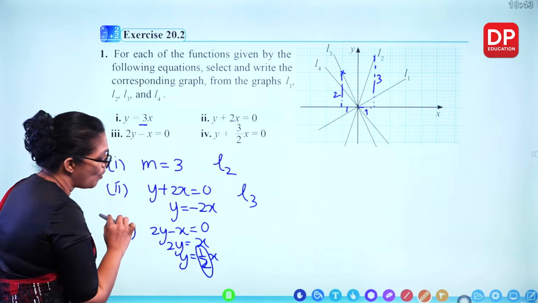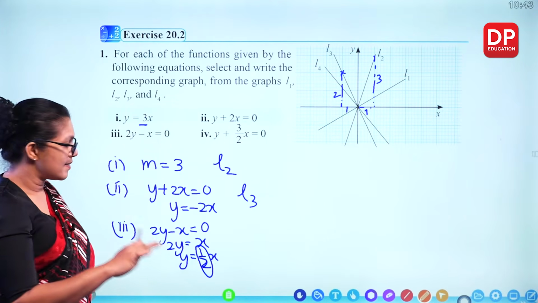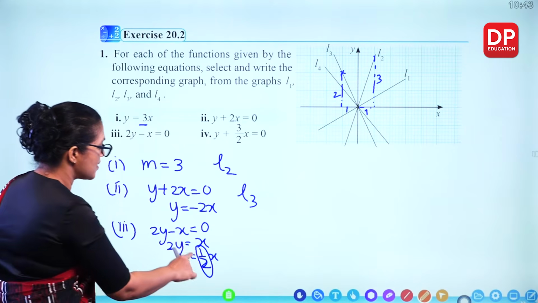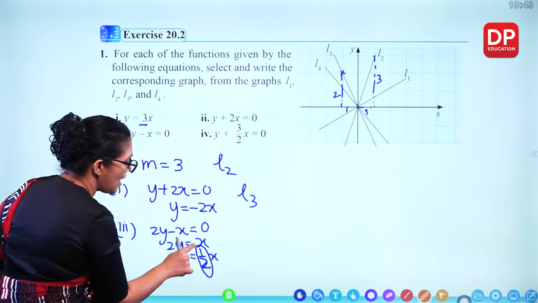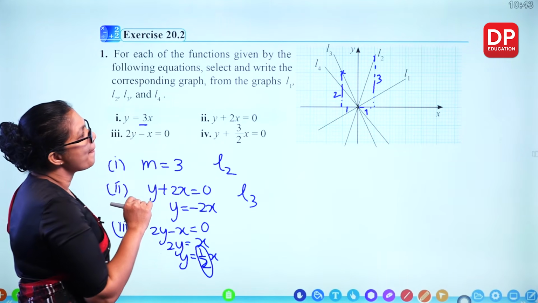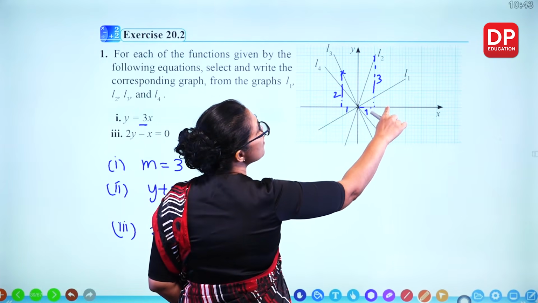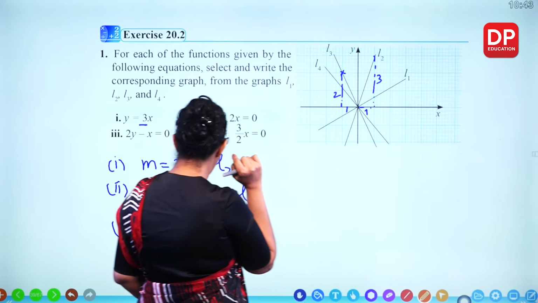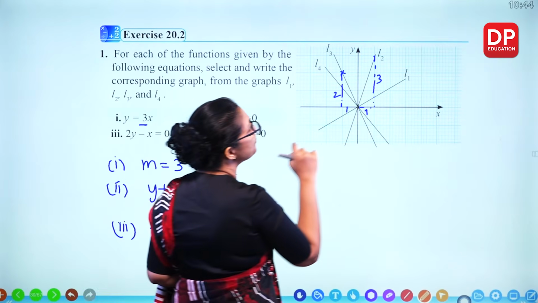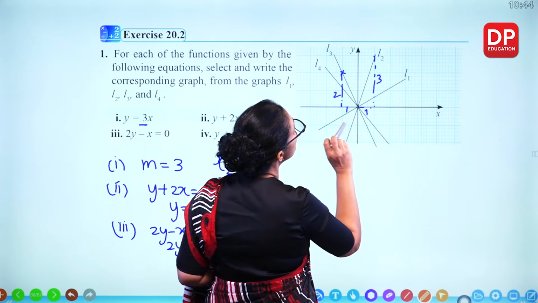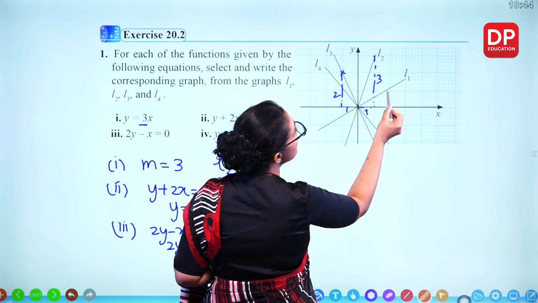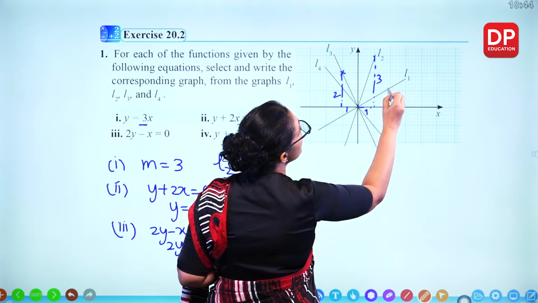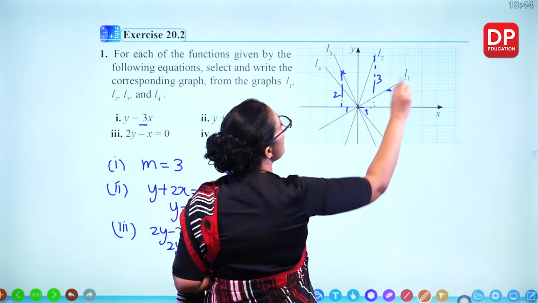The denominator means along the x-axis and the numerator means along the y-axis. 2 squares to the right and 1 up. And this is also a positive slope. This line here, 1, 2, this is 1 up. So this line is L1.